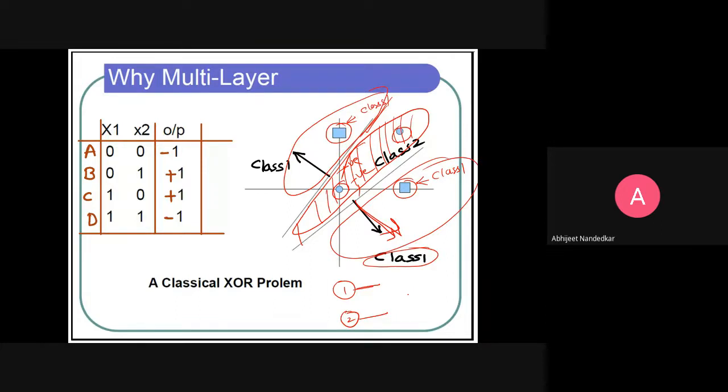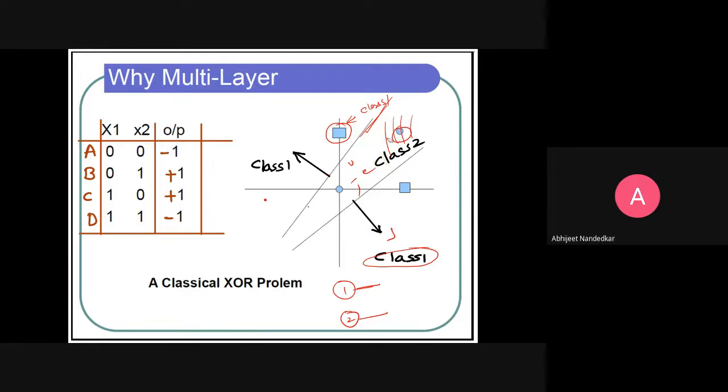Now for a given input, try to understand this carefully. Suppose I give you some input which is here and ask you to classify. Neuron number one will say, okay, this is on the right side, this is positive. What will the second neuron say? It says go this side, but this sample is in the opposite direction, so it will produce a negative answer.